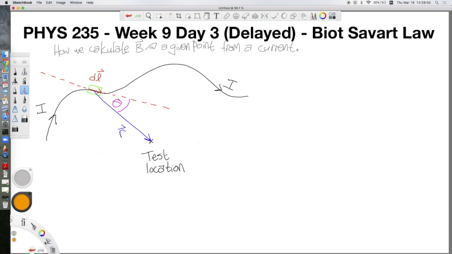We'll go with orange. And the idea is that each chunk of length of this wire, and that chunk of length we're calling dl, which is a vector, will create a chunk of magnetic field at the test location.